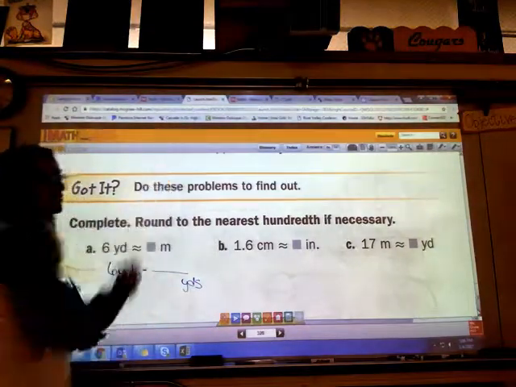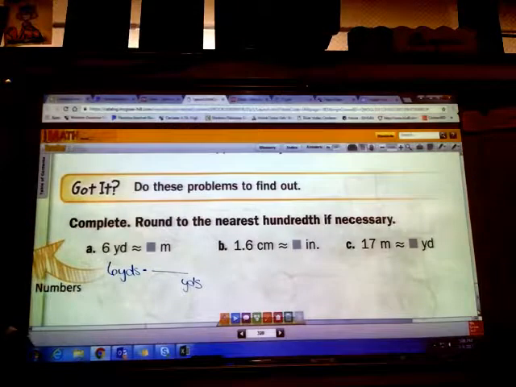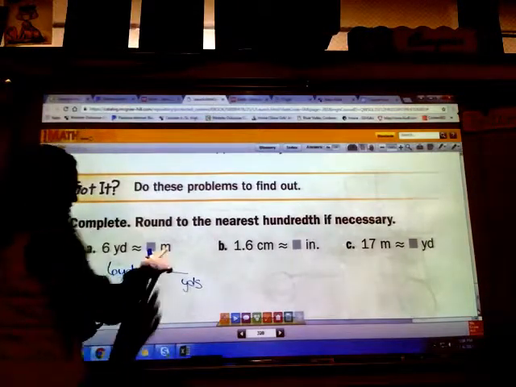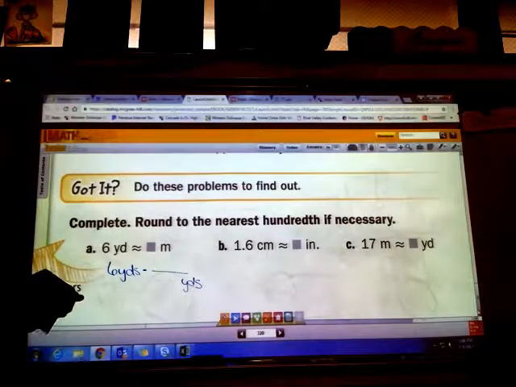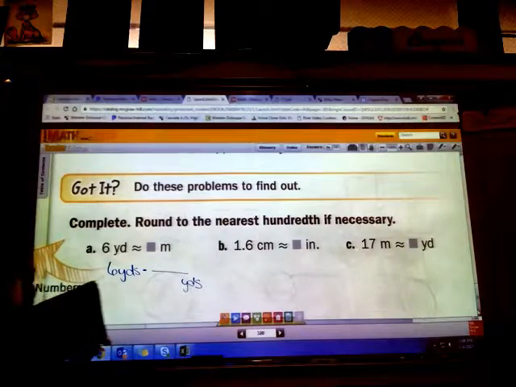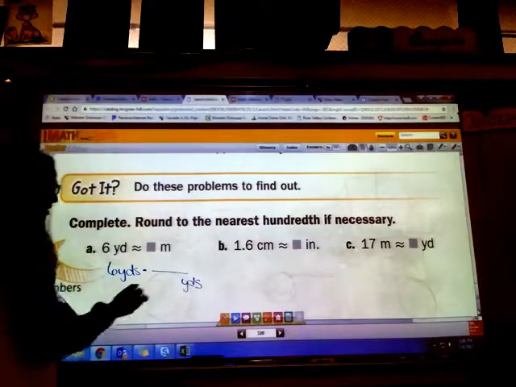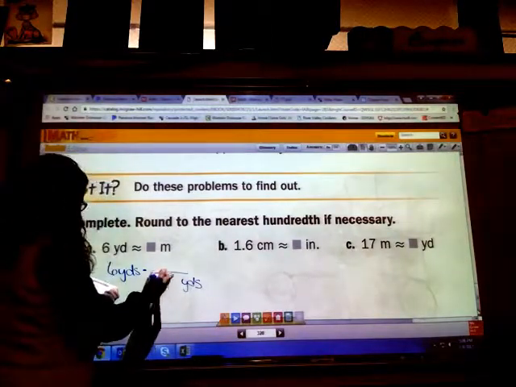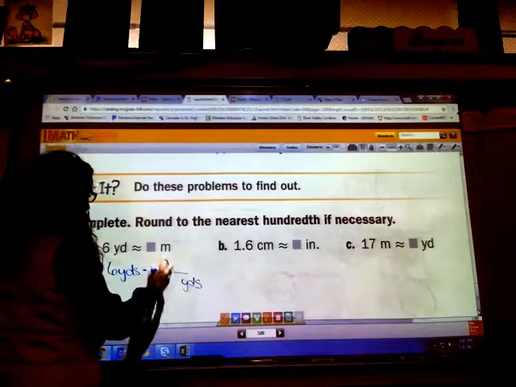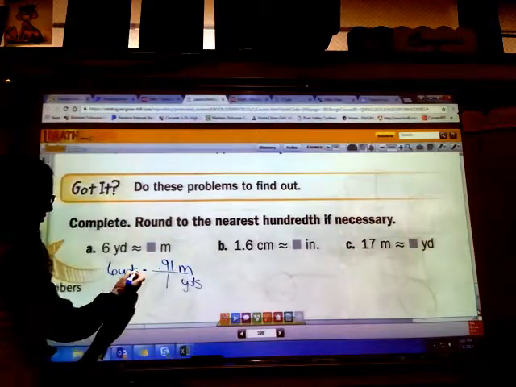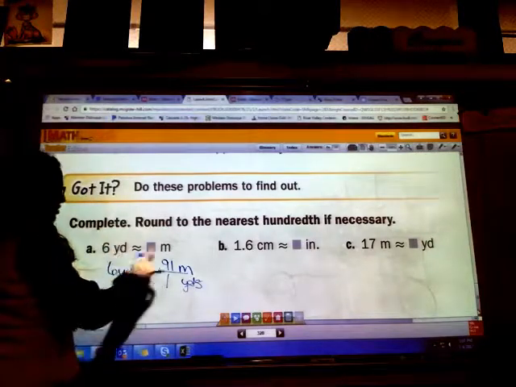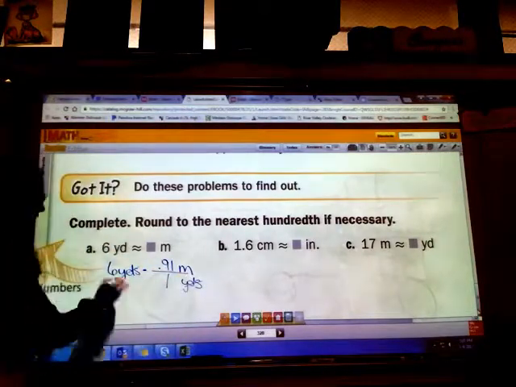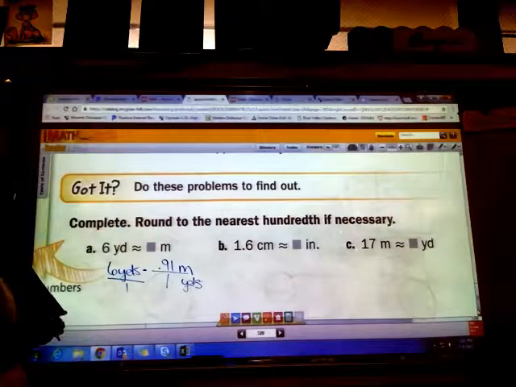So I'm going to go back up to my chart at the top and see if there's a direct correlation between yards to meters. Okay, so when I look at the top, back at my length, I know that it says 1 yard is 91/100ths of a meter. So I've got 1 yard is going to be 91/100ths of a meter. So these 2 units are the same, so I'm going to cross those off. I wanted to change yards to meters, which I have.